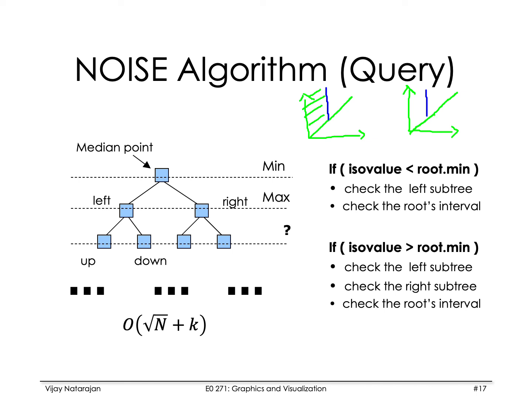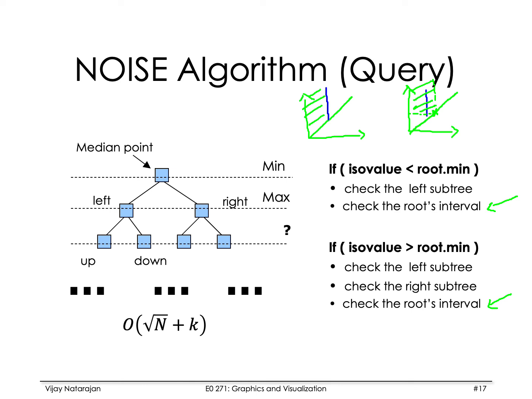So it lay somewhere here. So this meant that the query rectangle is something like that. So I would have to traverse both the left subtree and the right subtree. In both cases, I do have to look at the interval corresponding to the root. This is constant time, so not an issue.